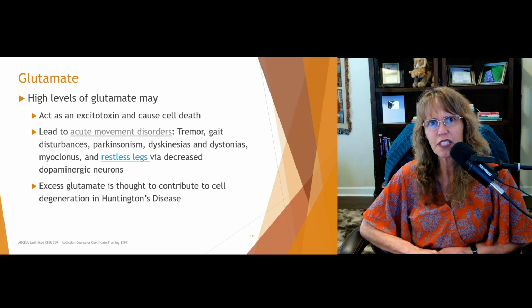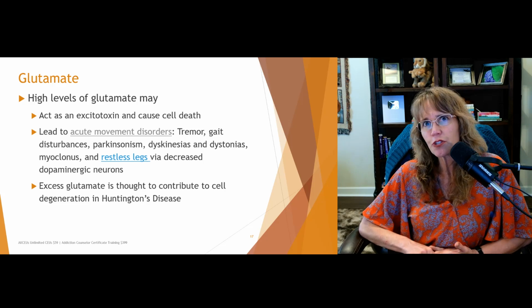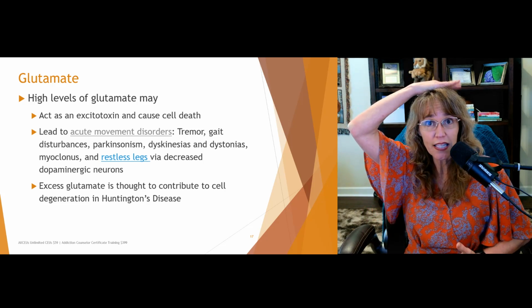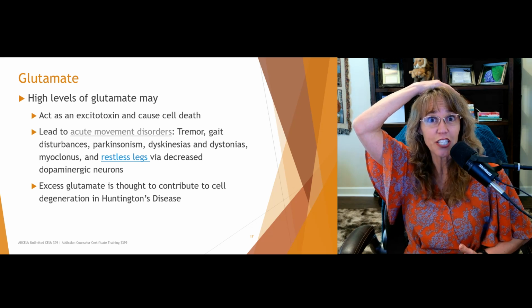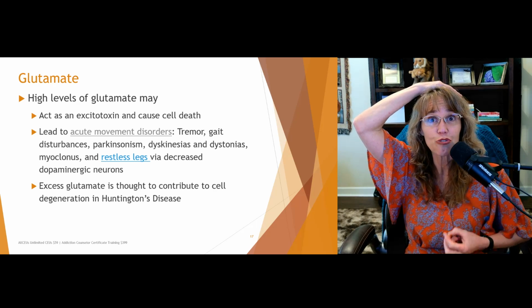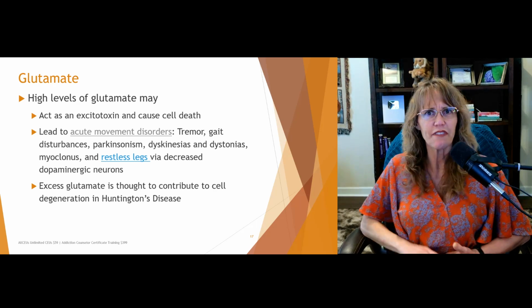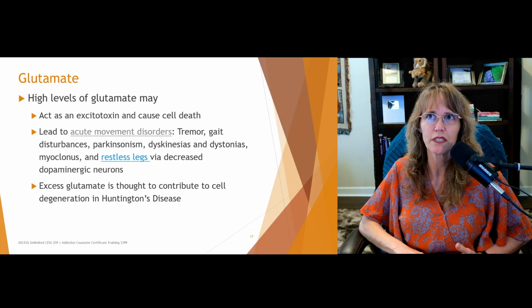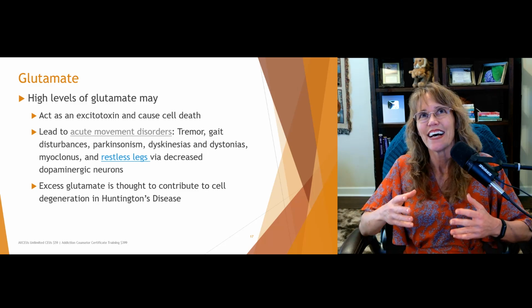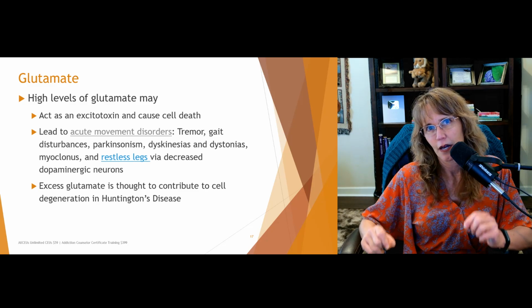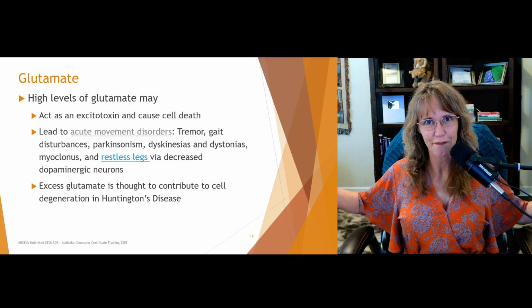How do we get high levels of glutamate? Well, high levels of glutamate are associated with high levels or chronic activation of that HPA axis, that stress response. What activates that stress response? And you're like, well, duh, stress. Yes, but think globally.